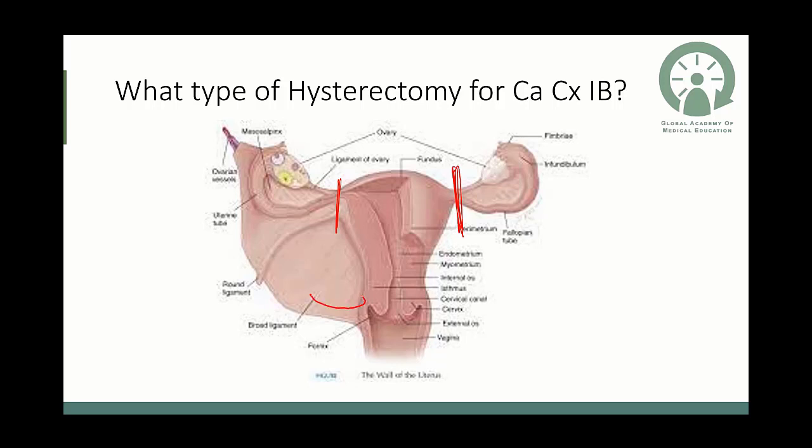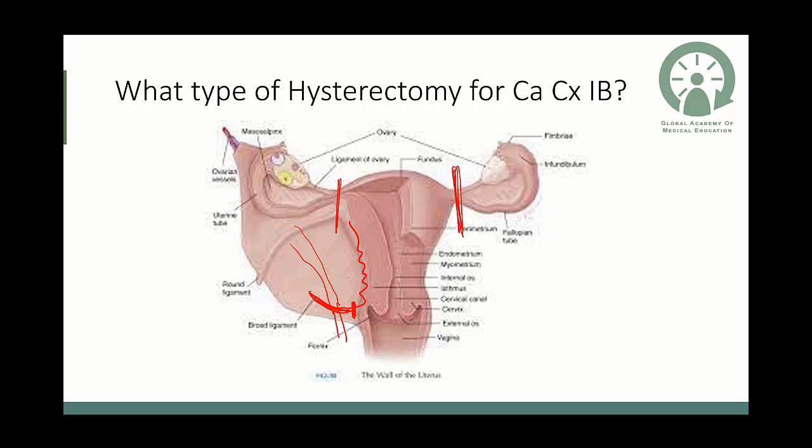Suppose this is the uterine artery and it goes through the myometrium. So we cut the uterine artery right where it ends, and we need not dissect the ureter. We just need to identify the ureter, which is going somewhere here, passing under the uterine artery, because of water under the bridge.